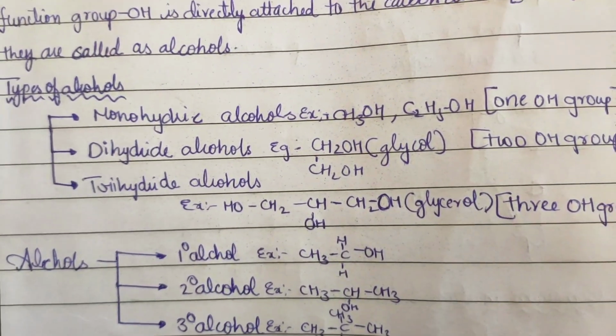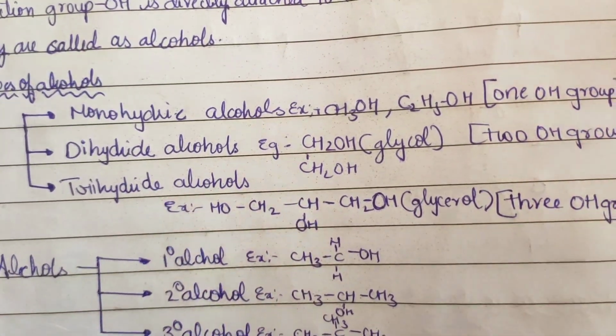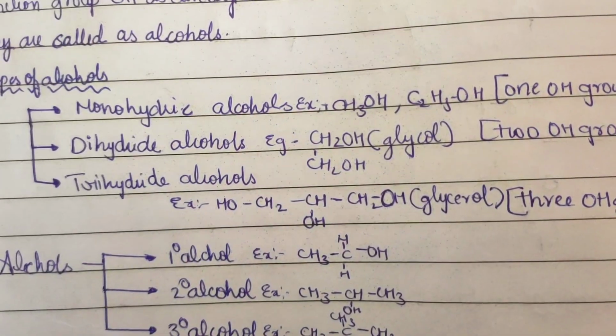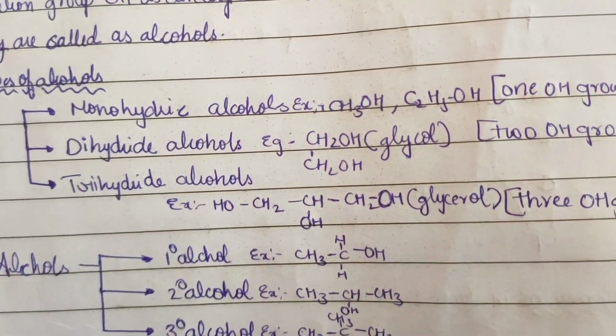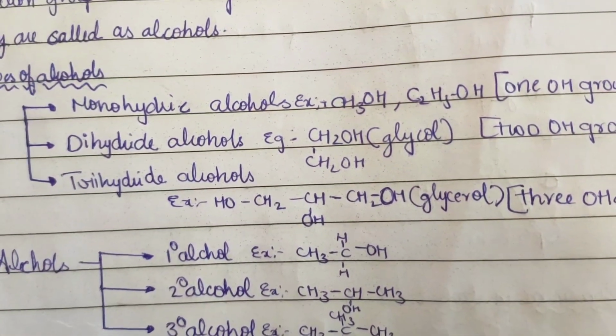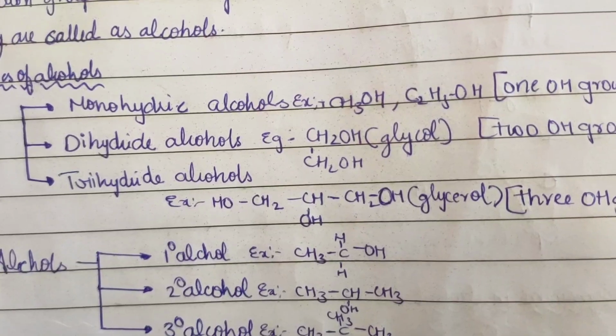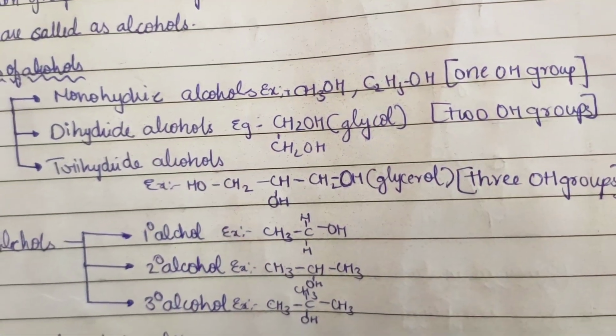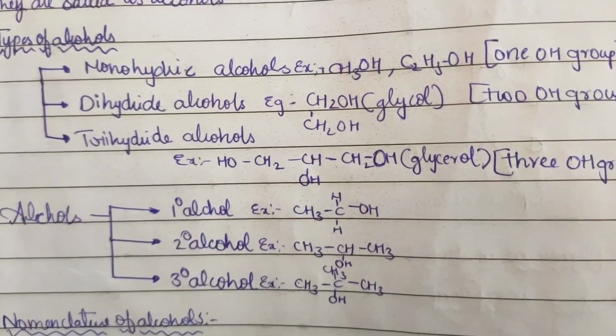Then trihydric alcohols like CH2OH, CHOH, CH2OH. Here it is known as glycerol, which has three OH groups. So it is known as trihydric alcohol.